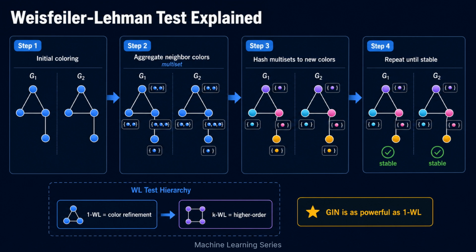If they're the same, the graphs might be isomorphic; the test is one-sided. It famously fails on regular graphs, where every node has the same degree and the colors never separate. GIN's message passing exactly mimics this process, making it provably as powerful as 1-WL. There exist higher-order WL tests that are more powerful, but also more computationally expensive.